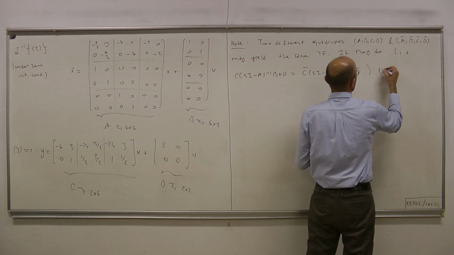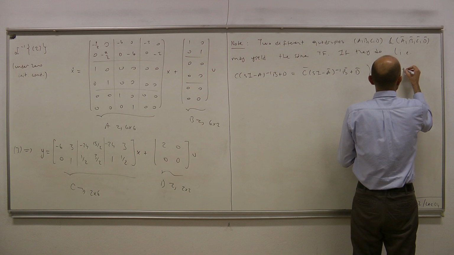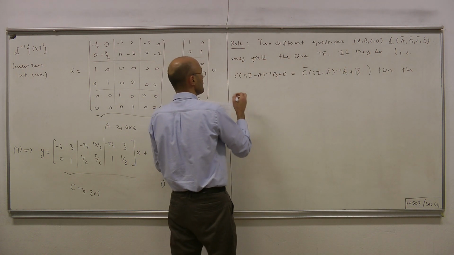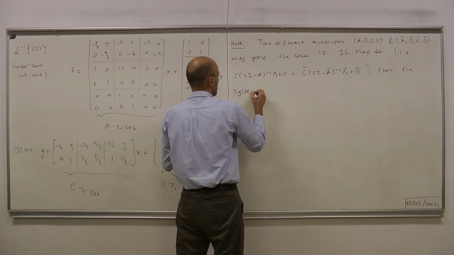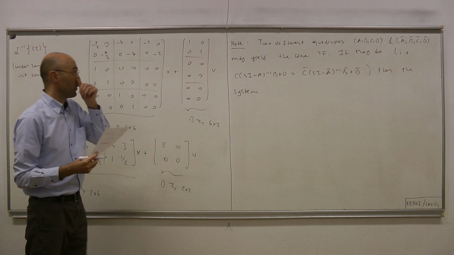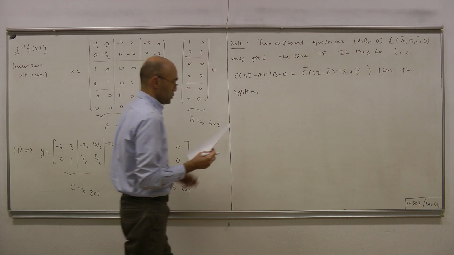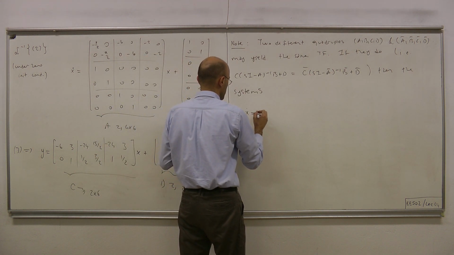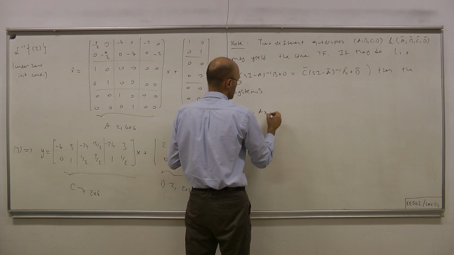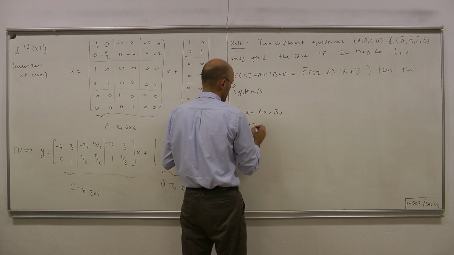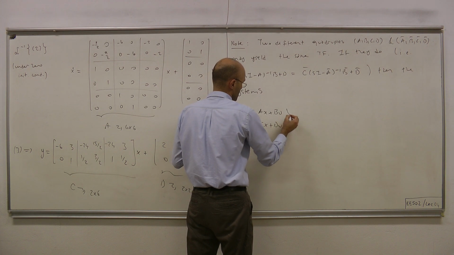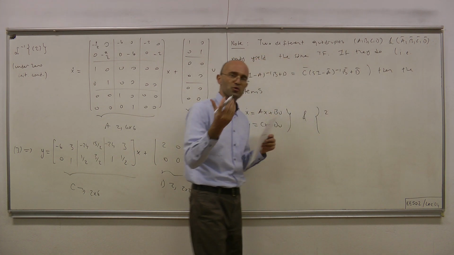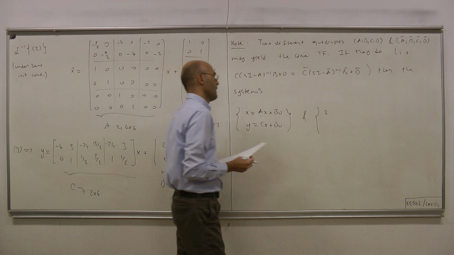Then those two representations, or by my slight abuse of terminology, those two systems, namely, the first system x dot equals Ax plus Bu, y equals Cx plus Du. And the second system, let's choose another state notation for it.